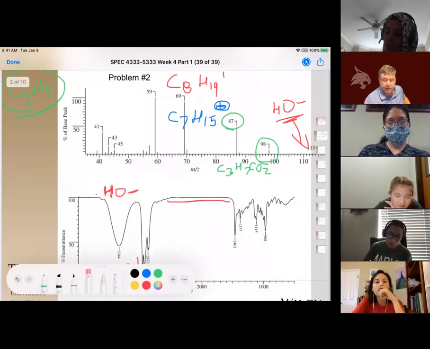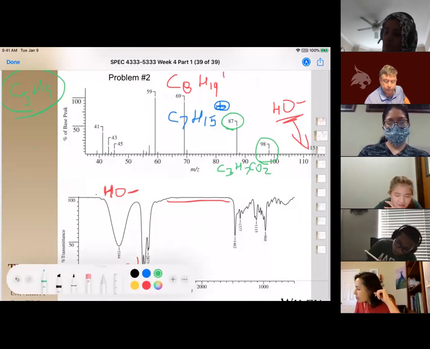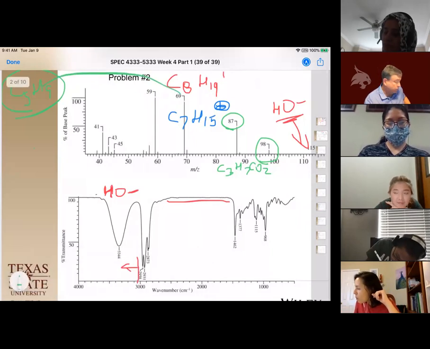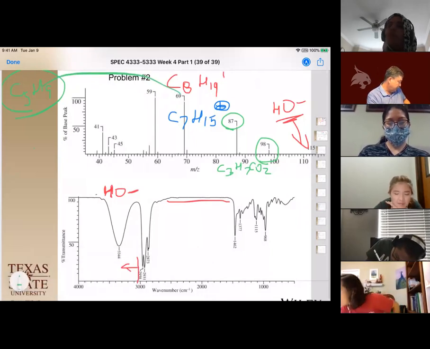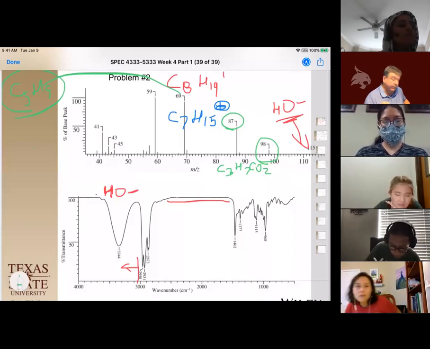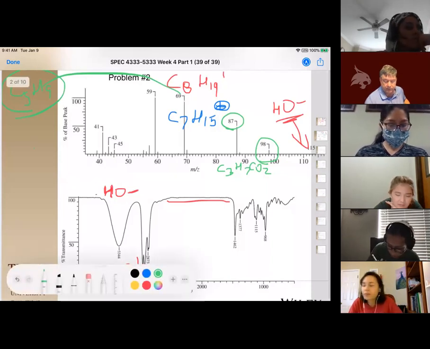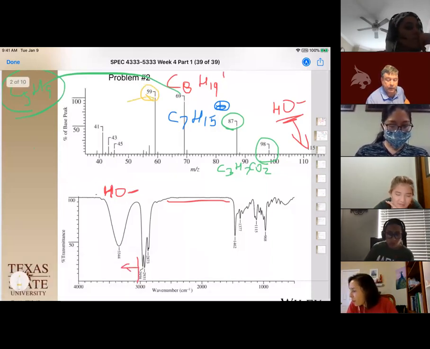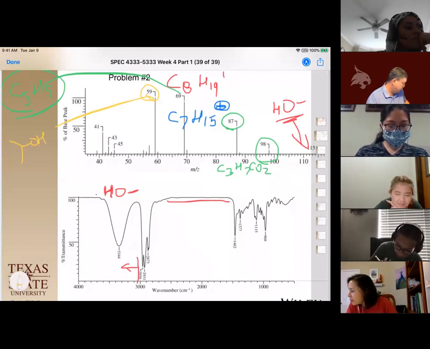What could 59 be? It's a CH3CH3COH. So we have a fragment of an alcohol on this one at least. This one right here can be an OH with a fragment there.